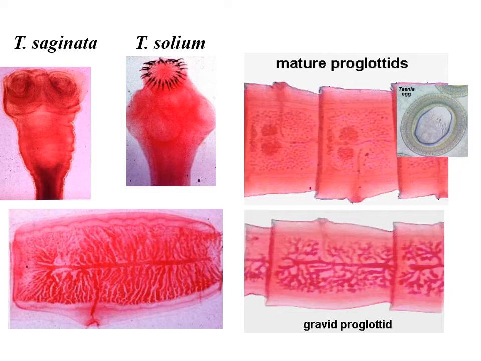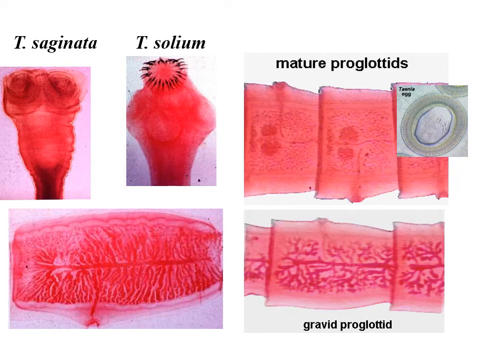There may be about 15, while it could be up to 25 or 30 lateral branches in the case of Taenia saginata. So usually just the number of the uterine branches can help you to identify which is which.